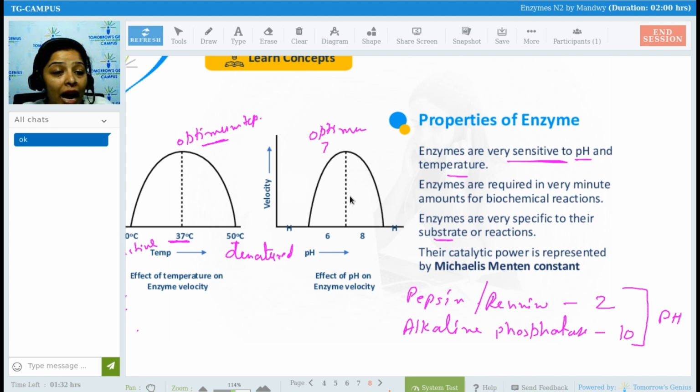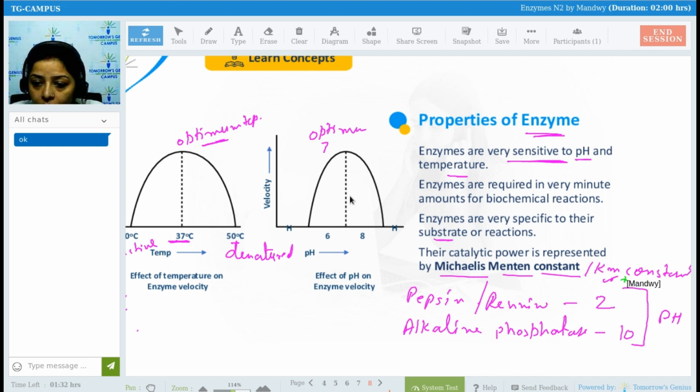Okay, the catalytic power of enzyme is represented by the Michaelis-Menten constant. What is that Michaelis-Menten constant? This Michaelis-Menten constant is also called the Km constant or turnover number.